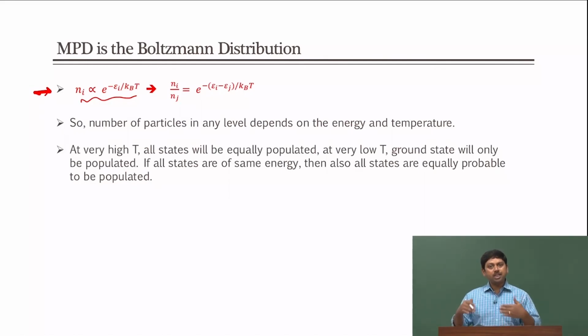Irrespective of how the energy spacings are, whether equally spaced or unequally spaced, or whether they are degenerate, all of those possibilities come from this equation. If they have equal energy, they will be equally populated; if they are separated, they will be differently populated. With increasing energy there will be fewer and fewer particles at higher levels, and with increasing temperature more and more particles will fill up the higher levels.